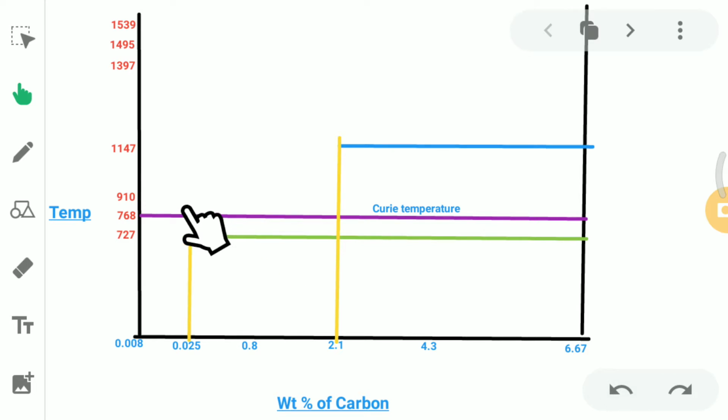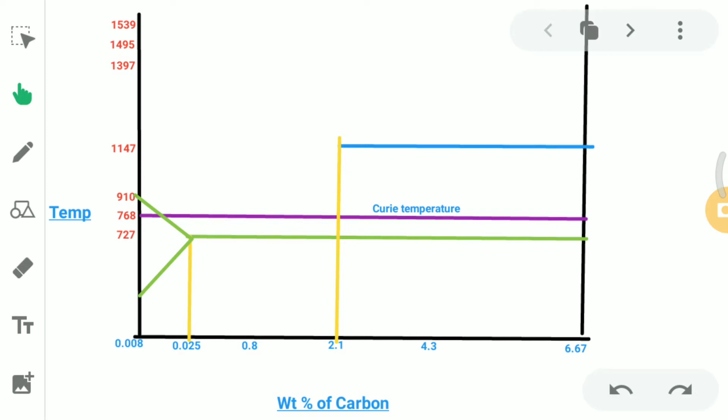Then you need to connect this 910 temperature to this point like this, and from here to here like this. This will indicate the room temperature solubility, 0.008. The iron carbide diagram has a room temperature carbon solubility limit of 0.008 percent, friends. This is important.